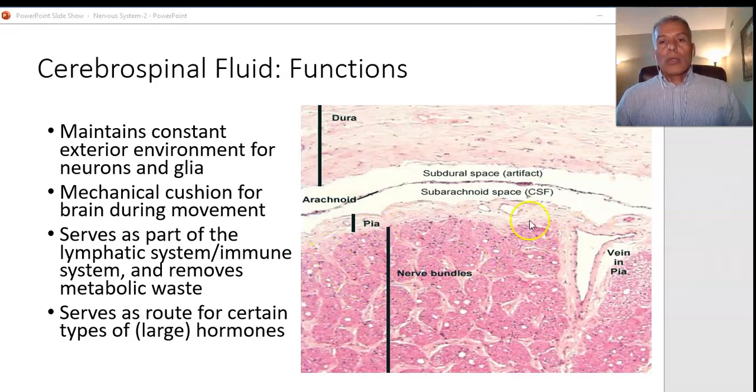So also the cerebrospinal fluid serves as part of the lymphatic system, as part of the immune system, where you remember the glial cells that are responsible for the cleanup and maintenance of the brain and the spinal cord.